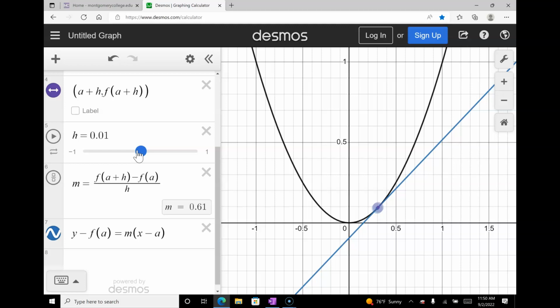But there's still 2 points. I don't know if you can see them, purple and blue. So I can make a pretty close prediction for my tangent line. Maybe 0.6, I think, maybe.